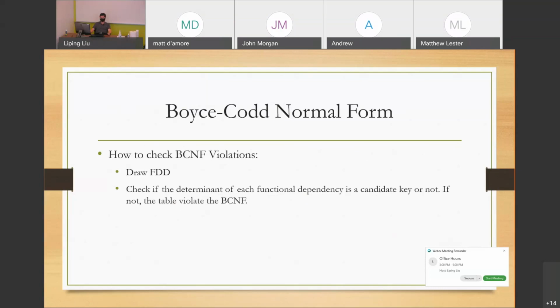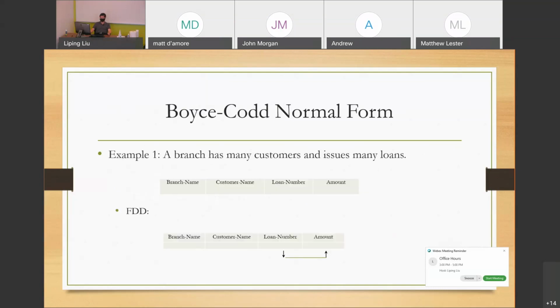Now let me give you a very simple example here. A branch has many customers, right? And you issue many loans, right? So I have a table with branch name, customer name, loan number, and amount. If you want to check second, third, or fourth normal form, you have to say what the primary key is first, right? But when you do Boyce Codd normal form, you don't have to.